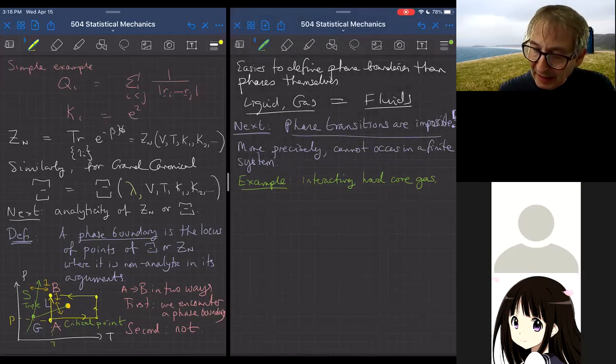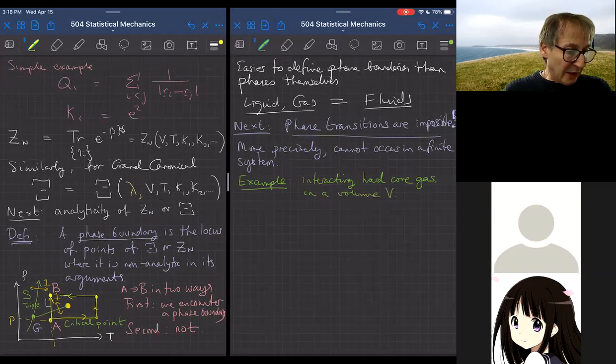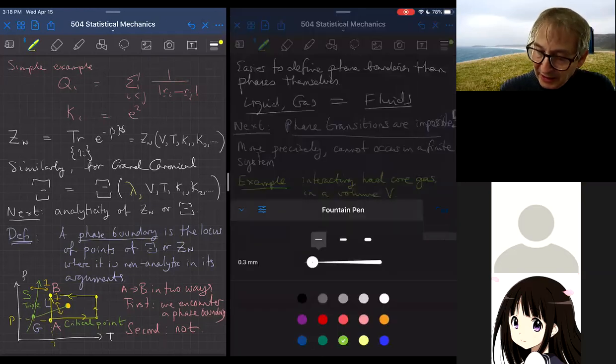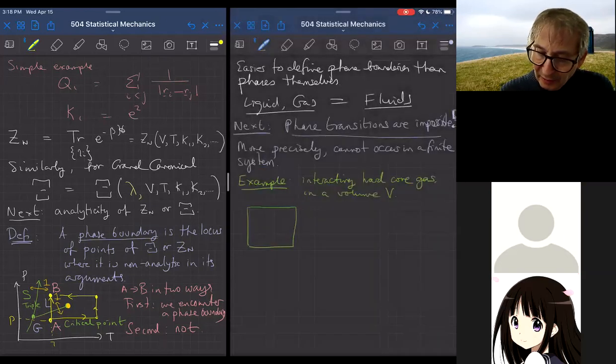So let's suppose that we're in a volume V, like so. So here's my volume. Now let's stick into this volume my particles. So the particles look like this. I stick them all in. Okay, I'm not going to draw all of them.